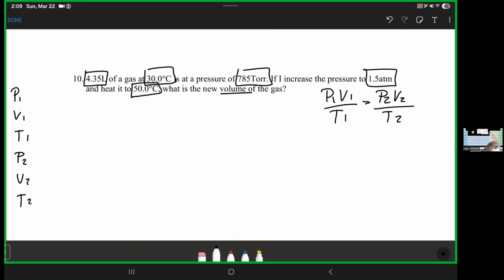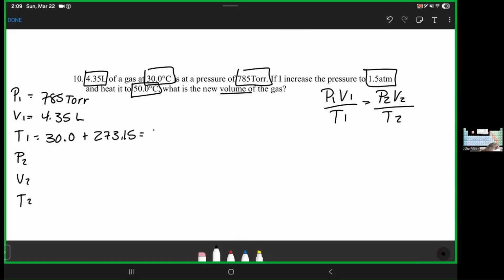Okay, so my first pressure was the 785 torr. My first volume, 4.35 liters. My first temperature was the 30.0 Celsius, but we have to add the 273. And I'm going to use the 0.15 because there is a decimal in our given temperature.